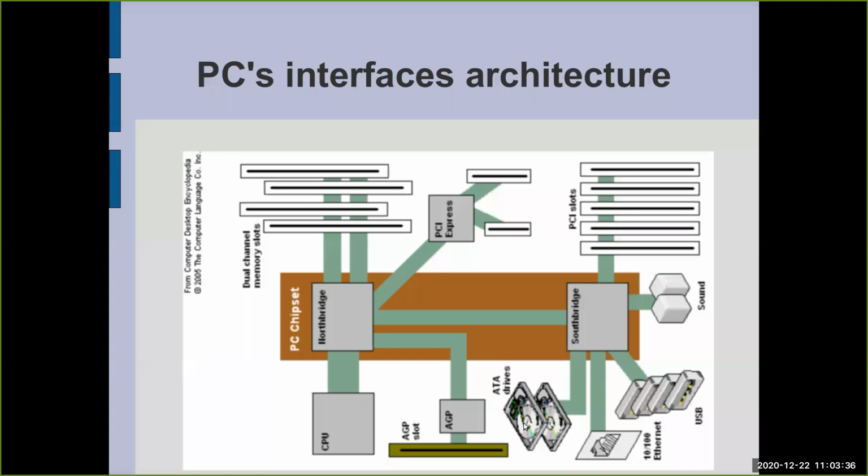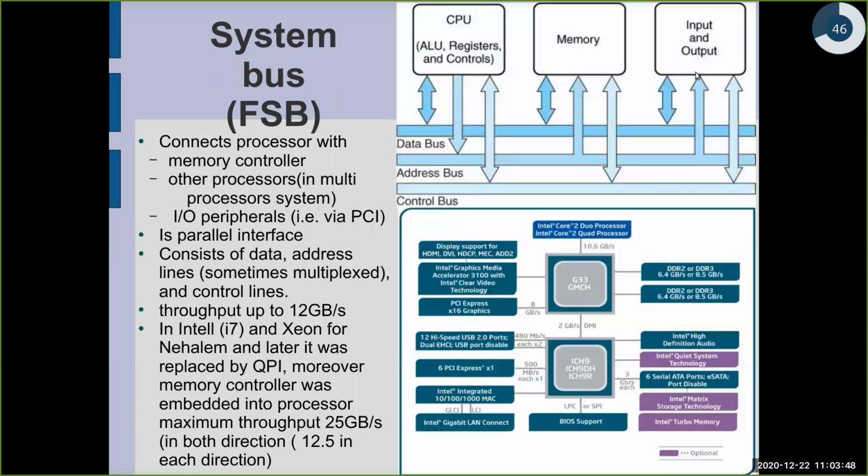And remember that if we request data from the hard drive and they are sent at relatively low speed, but they are sent using FSB, then at the same time nothing can be read from memory or sent to graphic cards and so on.